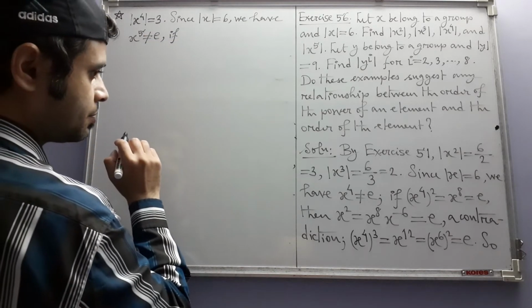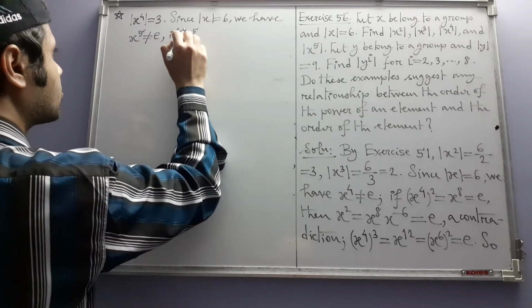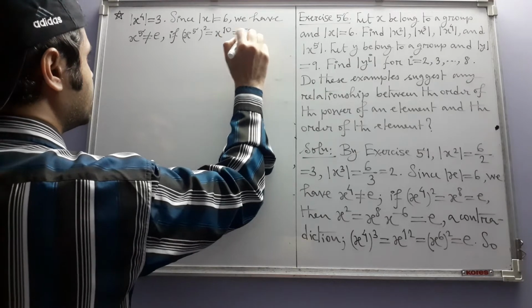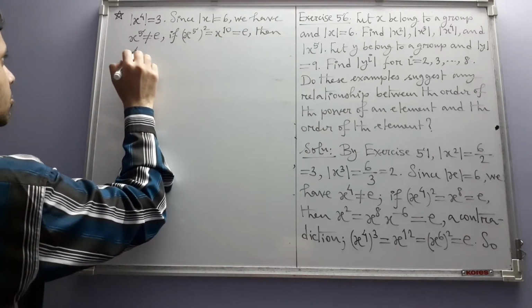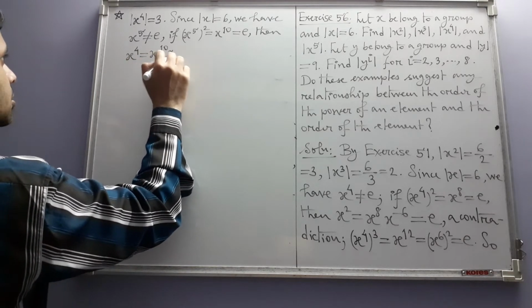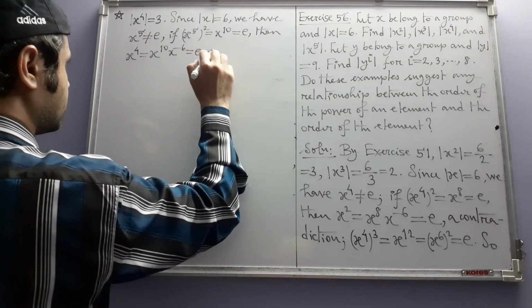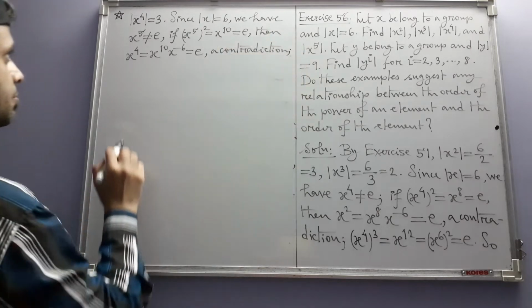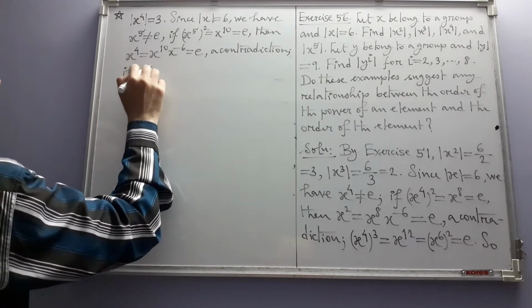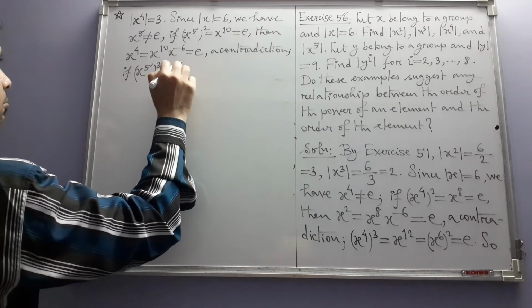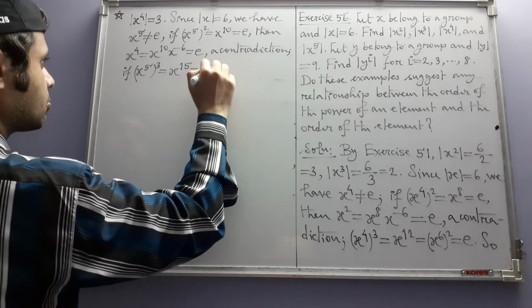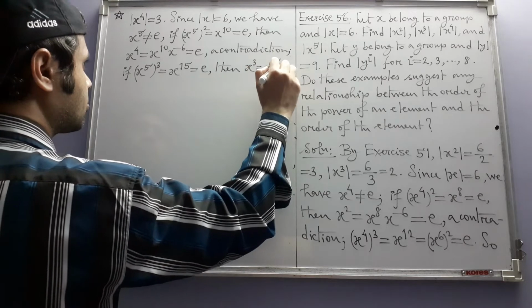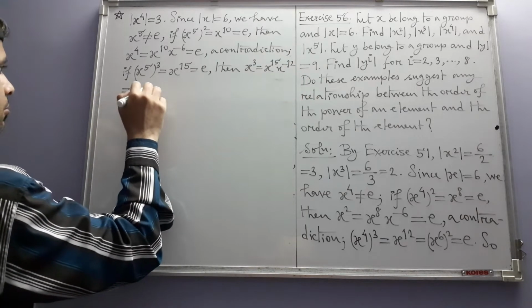If it is equal to the identity, then x to the power 4, which is this, is also equal to the identity, a contradiction. Again a contradiction.